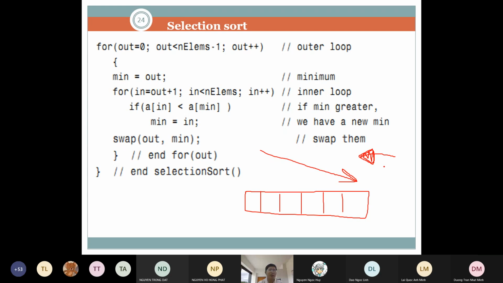This one is the min. And put it in the last position. Descending order, the smallest number will be on the rightmost position. Okay?